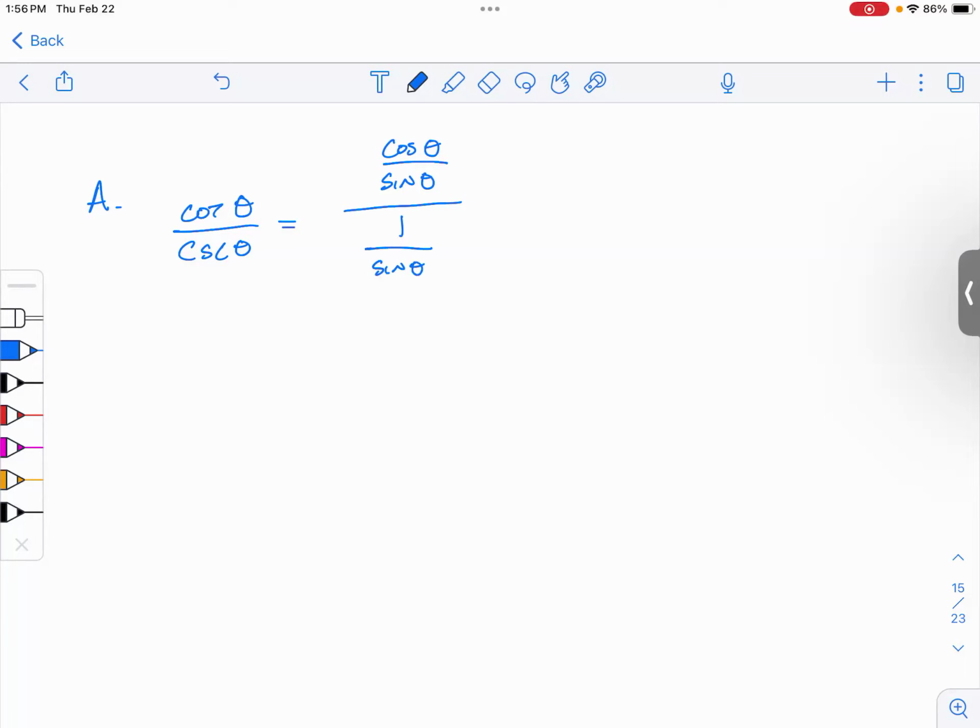And then algebra, right? We've talked about it a million times. What do we do here? Leave it, change it, flip it. And actually, while I'm at it, convert to sines and cosines using reciprocal and quotient identities.